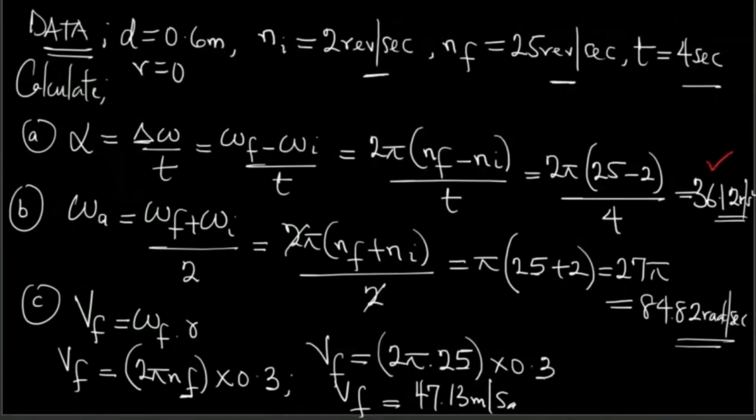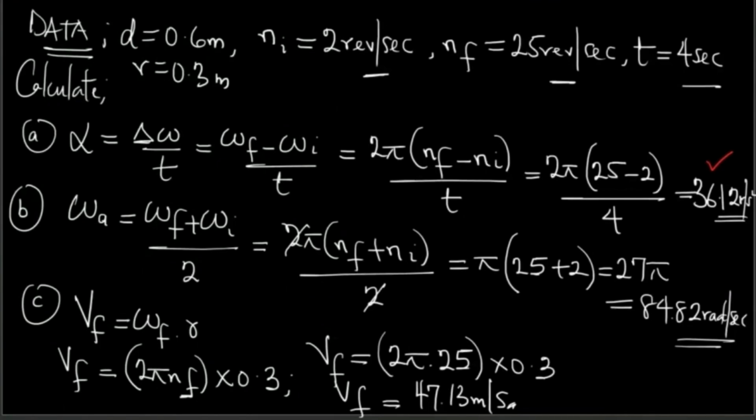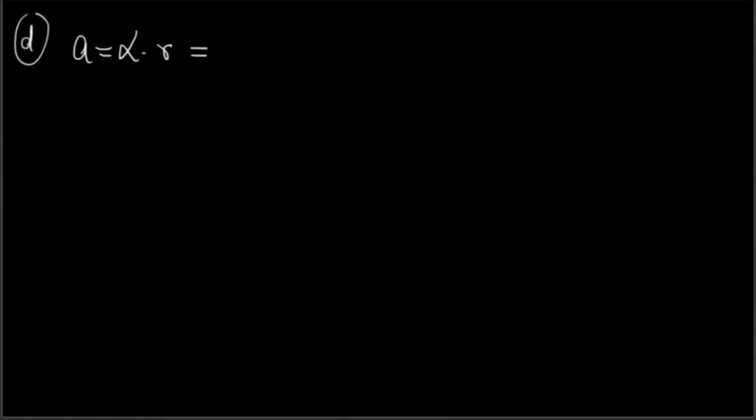The radius is 0.3 meters. So the linear acceleration is angular acceleration multiplied by radius. We got the angular acceleration to be 36.12, multiplied by the radius, 0.3. So here you will get your linear acceleration.